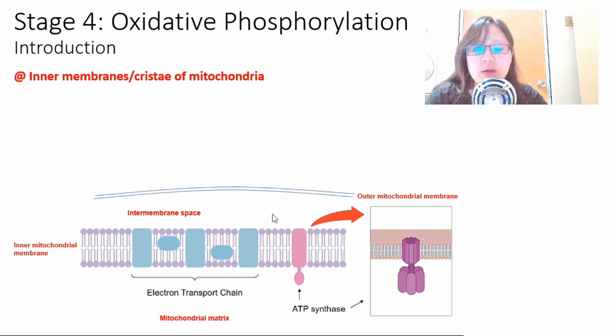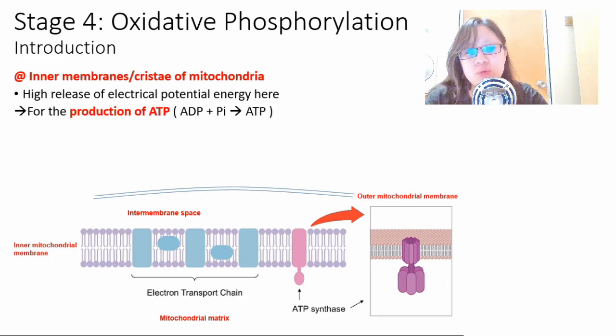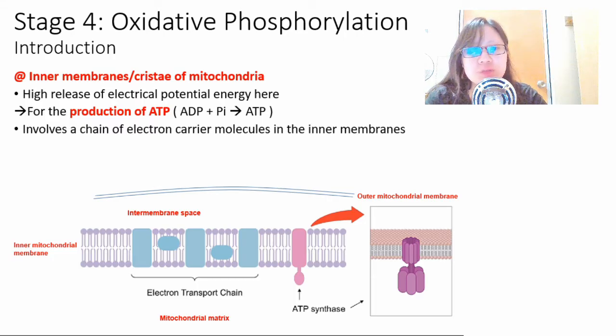You will see pictures like this all the time, but usually they don't draw the outer membrane, they just draw the inner mitochondrial membrane here. Anyways, in the inner mitochondrial membrane, there is a high release of electrical potential energy. Why? Because a lot of electrons are transported there, and it is for the production of ATP, as you will see later on.